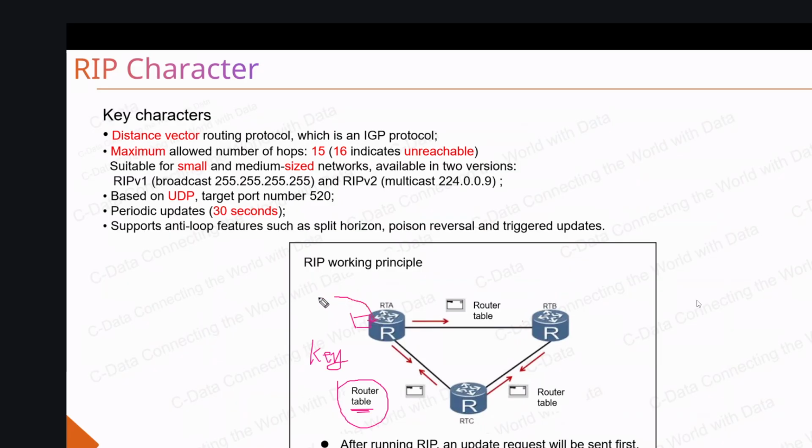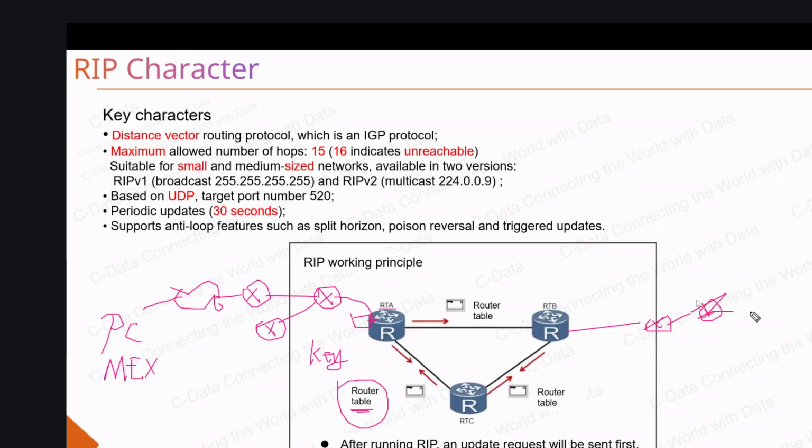For example, this one is a big network. Behind the user A, it has more user information here. Then we have a PC in Mexico, and here we also have a lot of users.